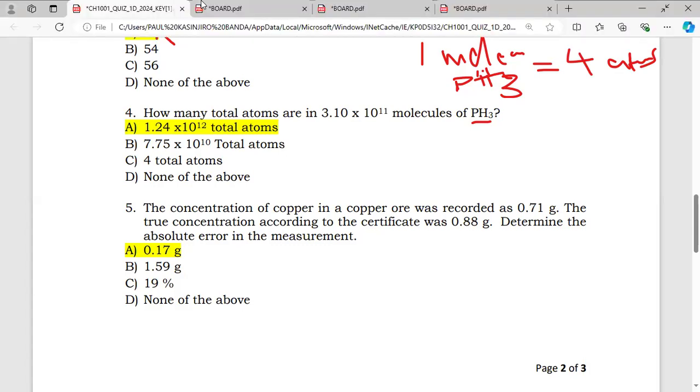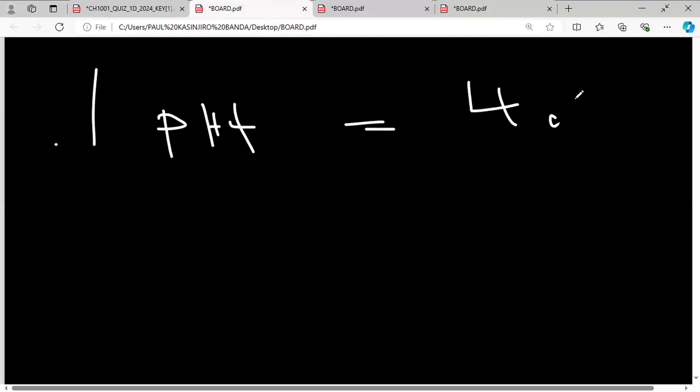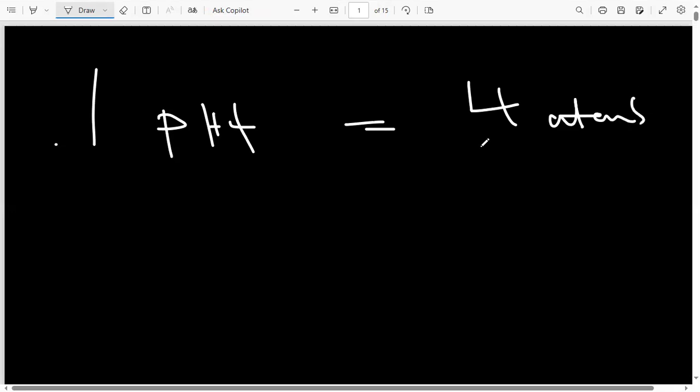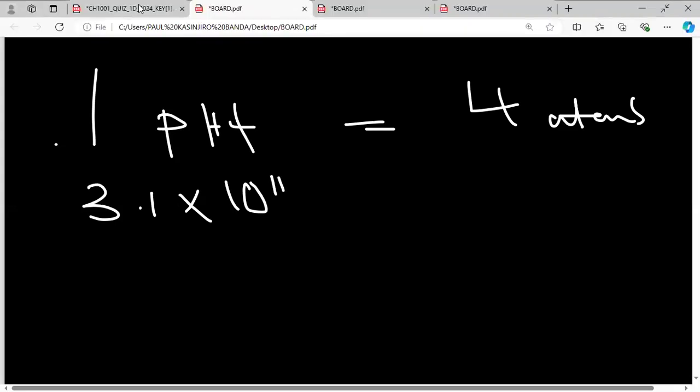Yeah, so let's solve it on the board here. So we are saying one molecule of PH4, okay, contains 4 atoms. Okay, what about the number that we had there, which was 3.1 multiplied by 10 to the power 11? Okay, so let me check.